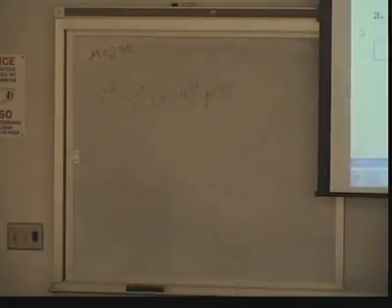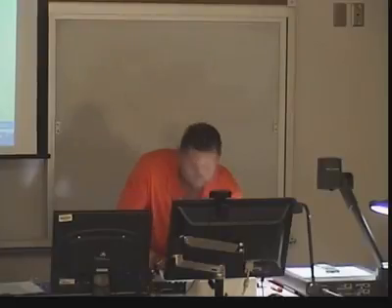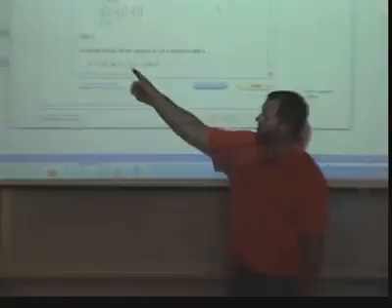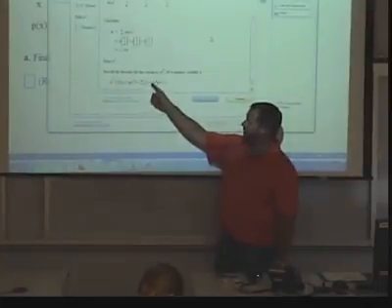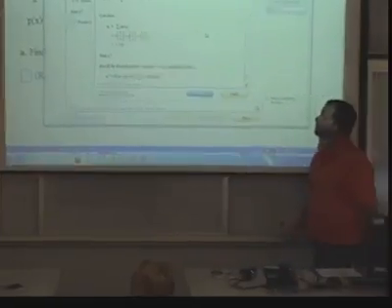And if you're not sure, if you go to view an example, it'll step you through how to find that, and there it is. So the variance is equal to the sum of the difference squared of each observation from the mean times its probability.